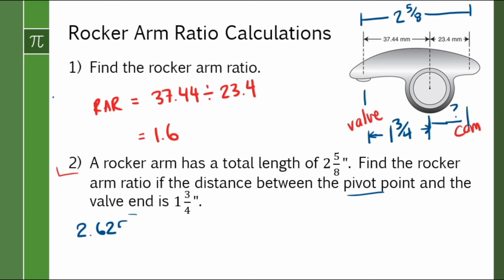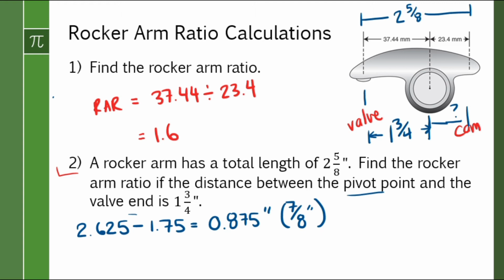2.625. Same thing with 1 3/4. Divide 3 by 4, get 0.75, add it to 1. So there's my decimal form of those inch measurements. That's going to tell me that the distance between the cam side, the push rod side, and the pivot point is 0.875 inches, which if you did it in fractions is 7/8.